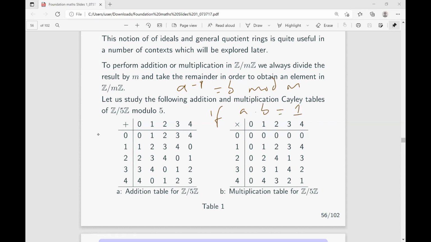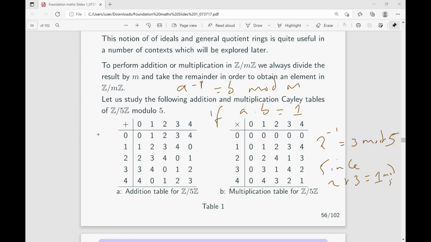So the same thing we are saying, 2 is the inverse of 3 mod 5, since 2 times 3 gives us 1 mod 5.